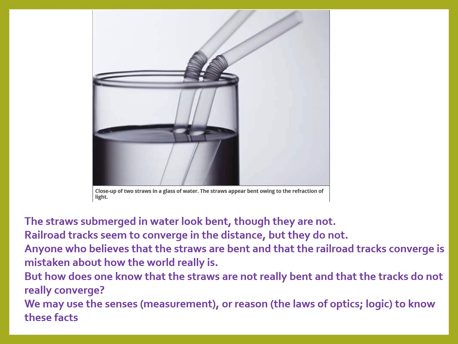So these two examples show how we can arrive at the right picture of reality using two approaches, either empiricism or rationalism. What happens in reality with these cases is that we generally use both.